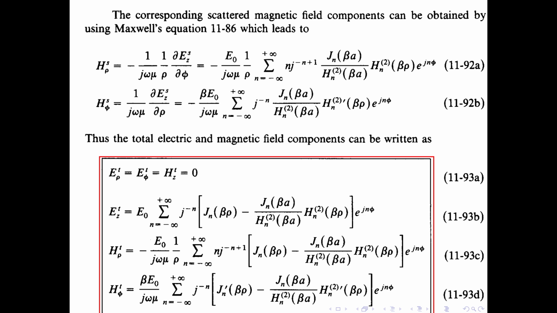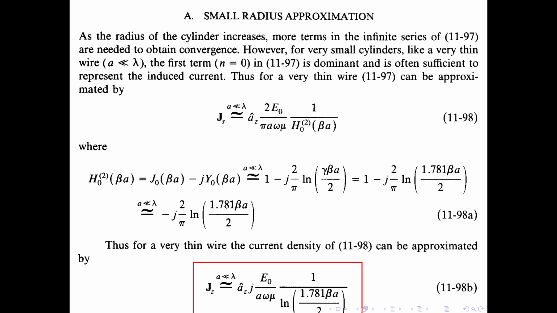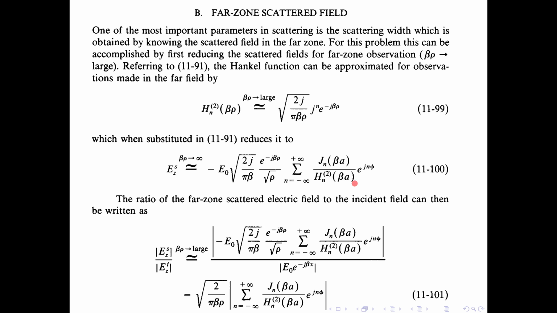Rho is the distance between the observation point and the z-axis. And in far field, this distance becomes very large, and for very large beta rho we can make a large argument approximation that is like this.